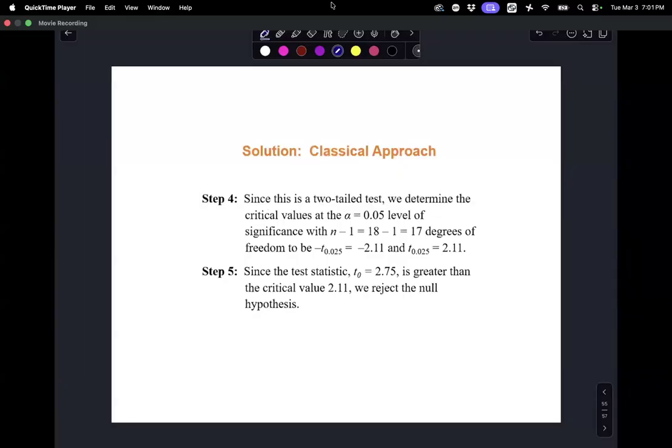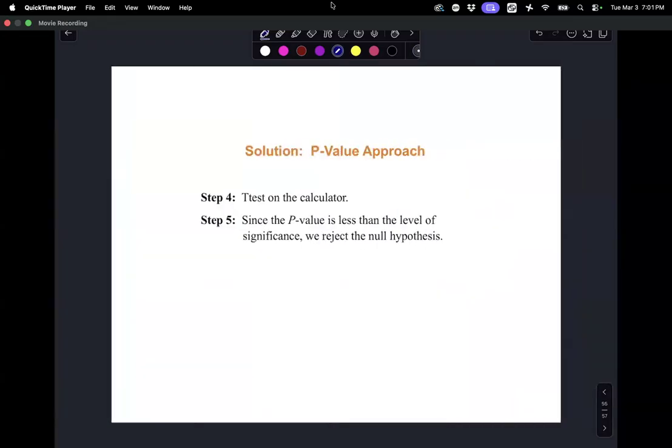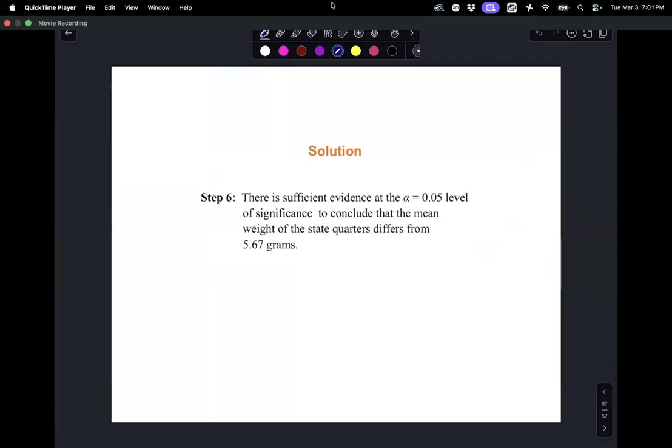Don't forget the n-1 degrees of freedom. They compared the test statistic with their critical value. They rejected the null. And then they have their p-value. The p-value is less than the level of significance. We reject the null hypothesis. And there's sufficient evidence. I guess it doesn't show at the end, but I'm going to show you a resource you guys do have.